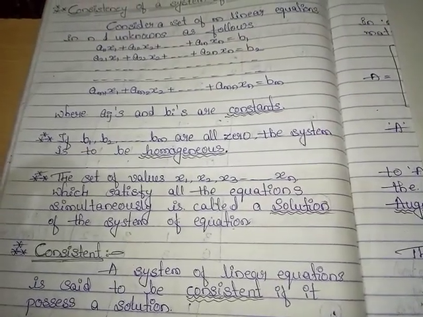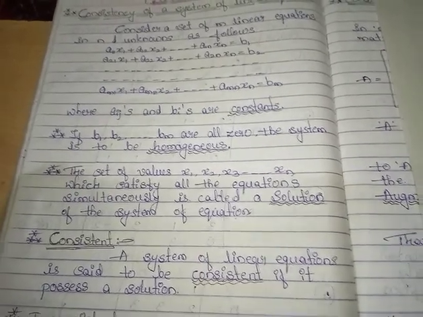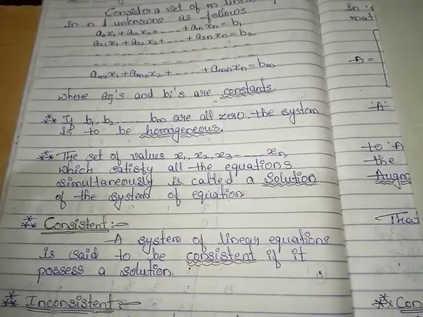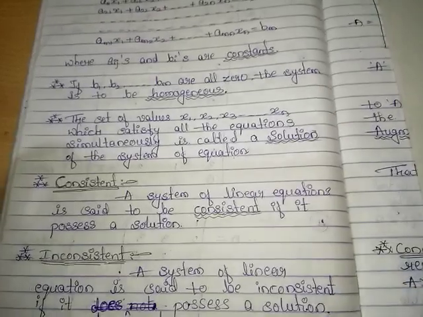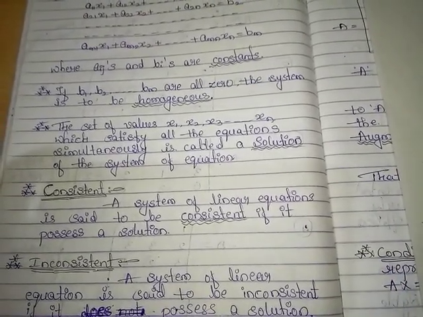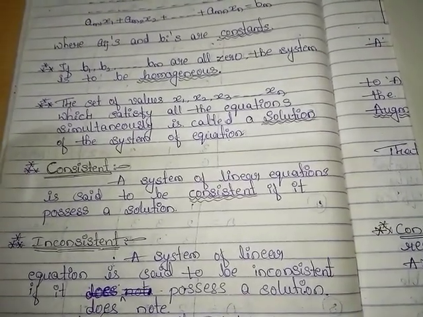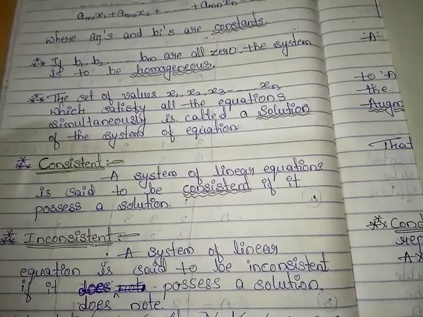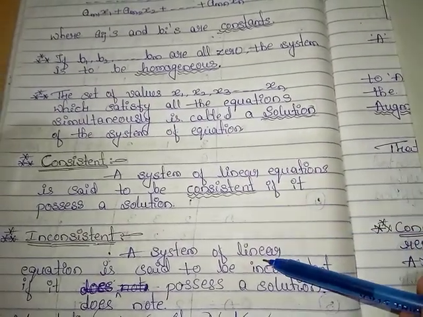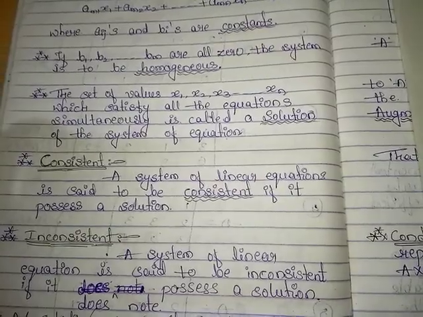Because for given linear equations we form a matrix, we have to decide consistency and inconsistency on the basis of matrices only, so we use the concept of rank to define the consistency and inconsistency for the given linear equations.